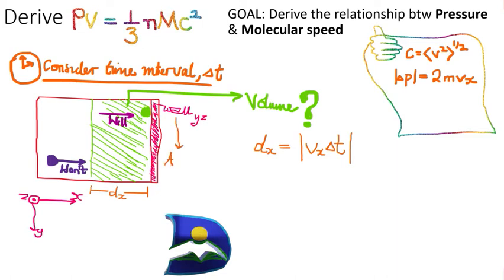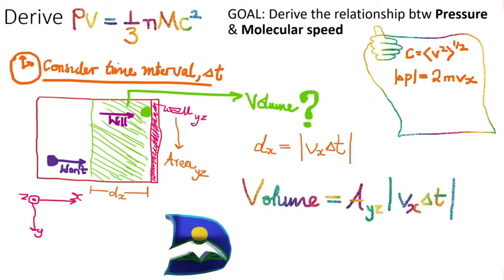Since the area of the wall is on the YZ coordinate plane, we can determine the volume to be the multiplication of the area and the specific height, or the distance covered by that particle moving from that first green line to the wall.